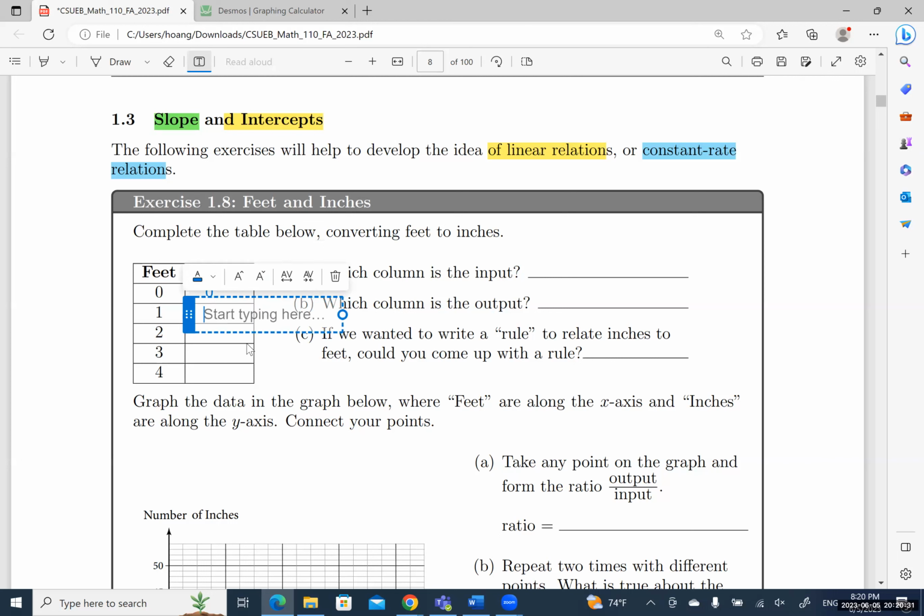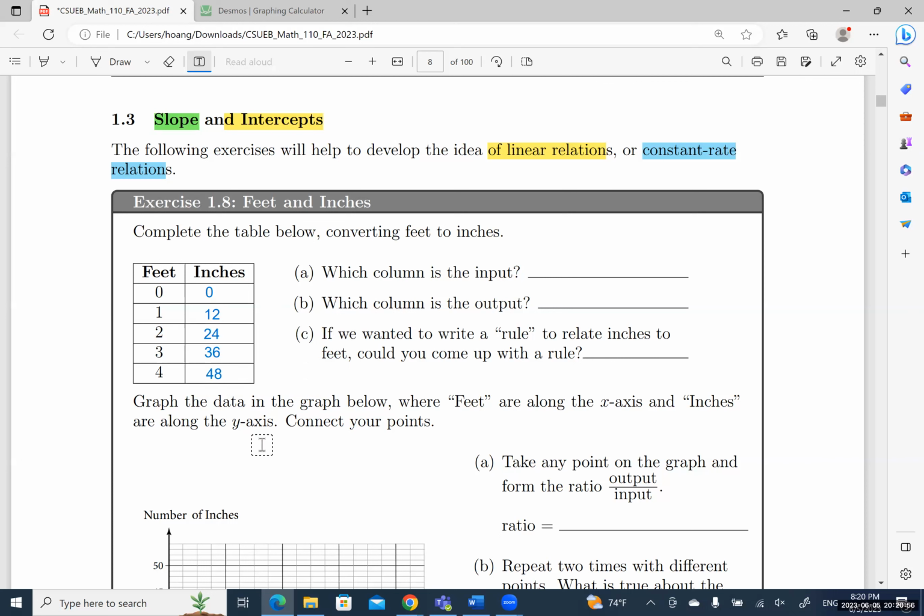What about 1 foot? 1 foot will be 12 inches. And 2 feet will be 24 inches, and 3 feet will be 36 inches. And lastly, it's supposed to be 48.